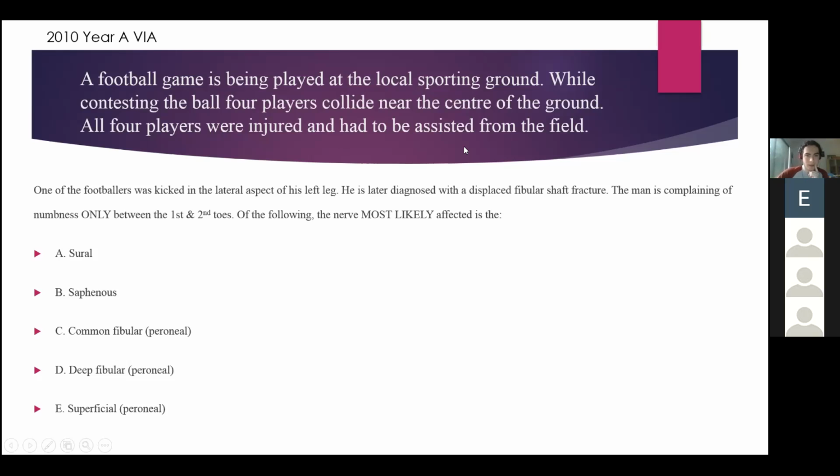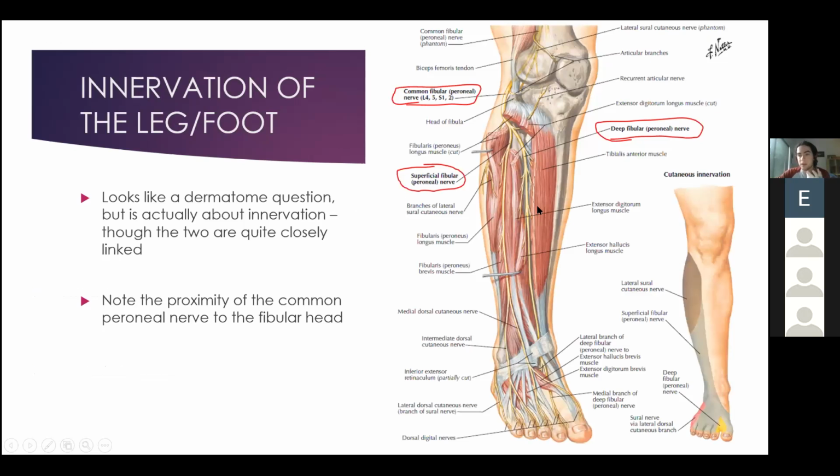So in terms of this one, this is like extremely specific and wasn't something I knew. So it's deep fibula, I believe. Yeah. And this is just in terms of learning your dermatomes and learning your sensory innervation, basically.